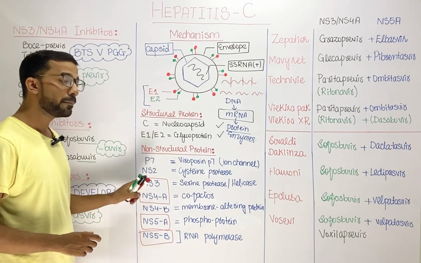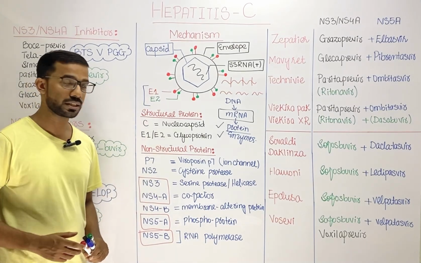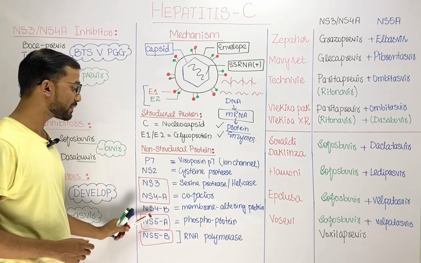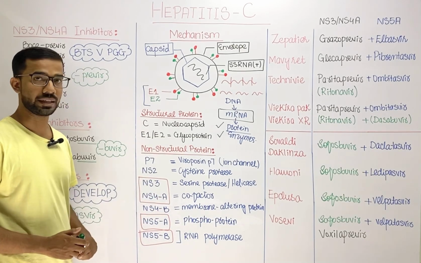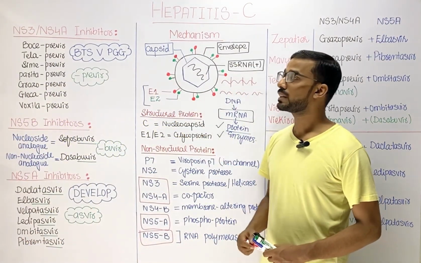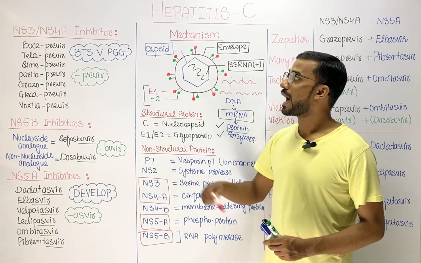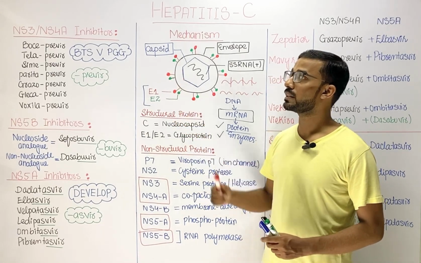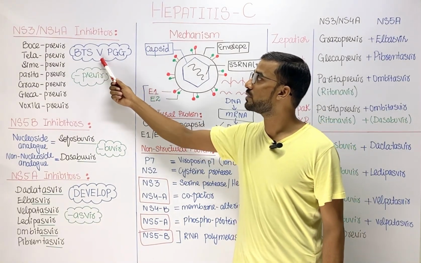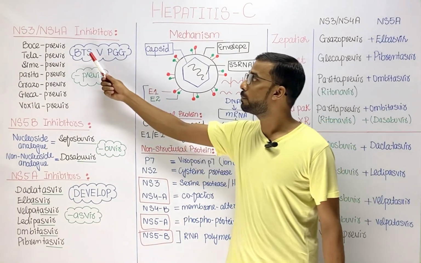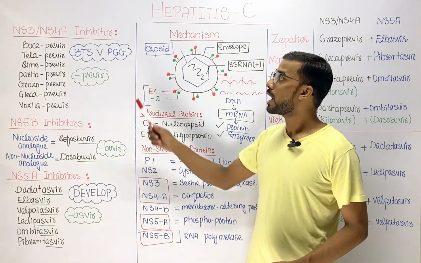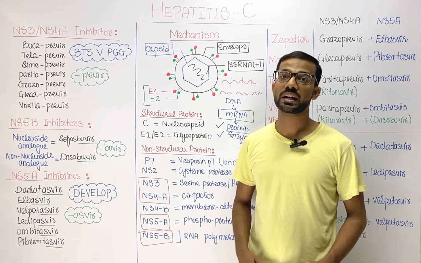These are the main targets of the drugs that we will discuss: NS3, NS4A, NS5A and NS5B. The drugs that target NS3 and NS4A, you will remember with the mnemonic BTSVPG: boceprevir, telaprevir, simeprevir, voxilaprevir, paritaprevir, grazoprevir, glecaprevir.